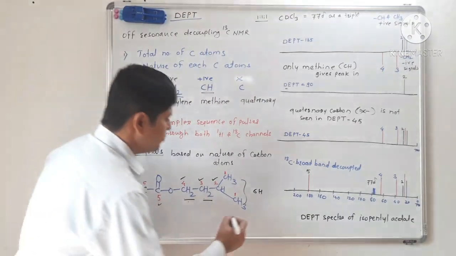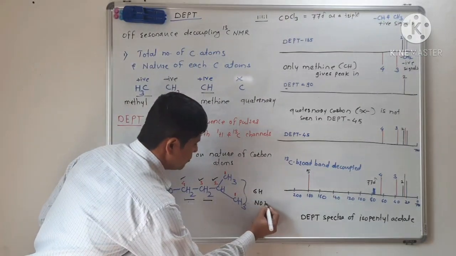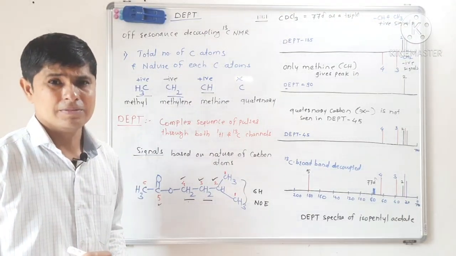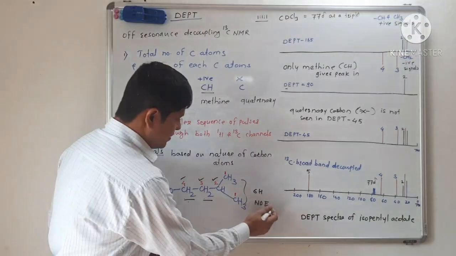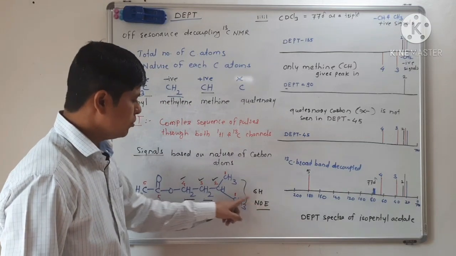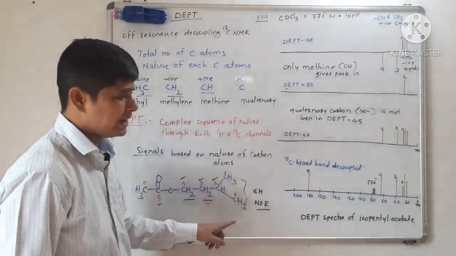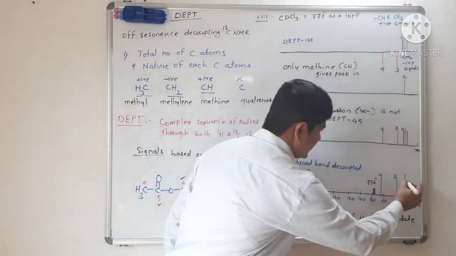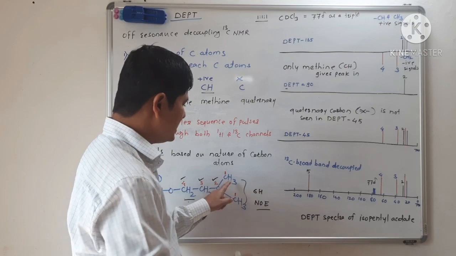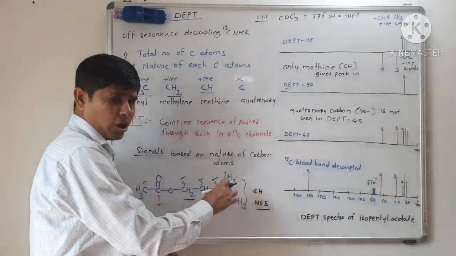So the nuclear Overhauser effect, that is spin decoupling, will be more for this methyl carbon, and it will have more intensity than this carbon. So we can take the help of the number of protons.